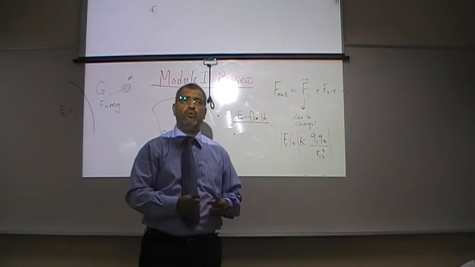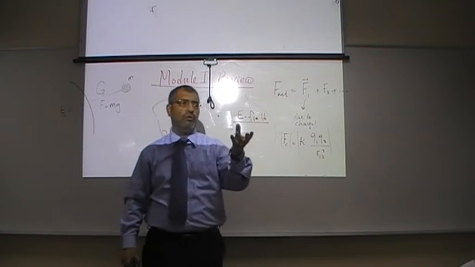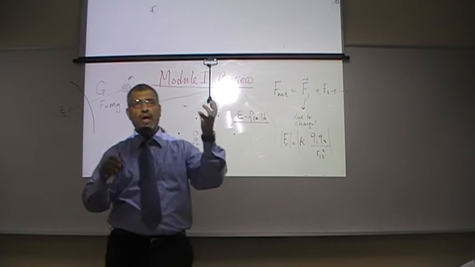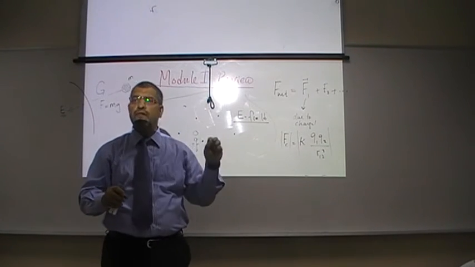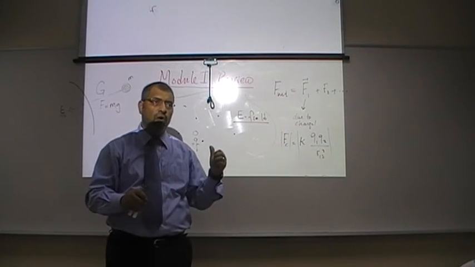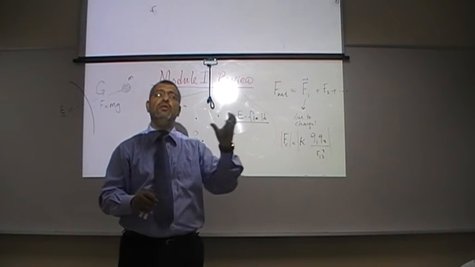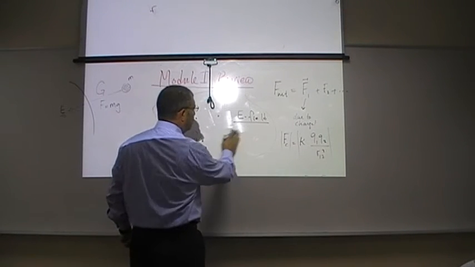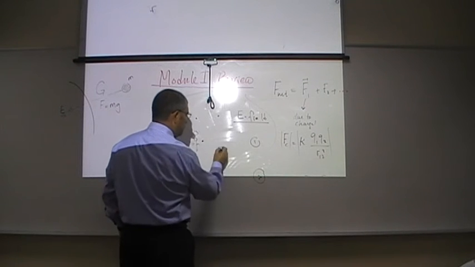And one thing about Coulomb's law is that it forces you to calculate the force in pairs. Meaning that if you have 3 charges, you have to calculate F due to 1 on 3, and F due to 2 on 3. So you have to do it in pairs. And then you sum. Suppose that I have 3 charges: 1, 2, 3.